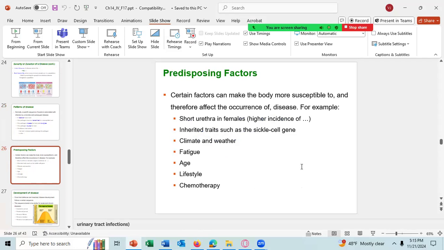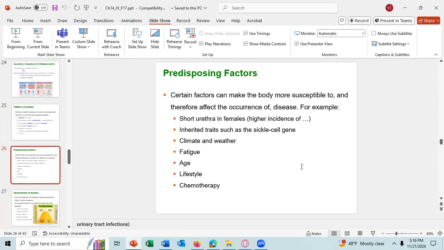All right. There are certain factors that can make the body more susceptible to, and therefore affect the occurrence of disease. So I'm going to be talking about predisposing factors. For example, females have a shorter urethra than males, and therefore they have a higher incidence of urinary tract infection.